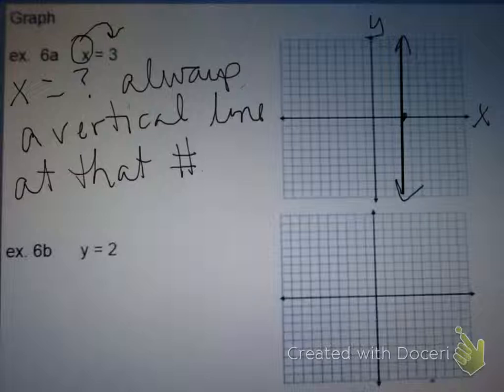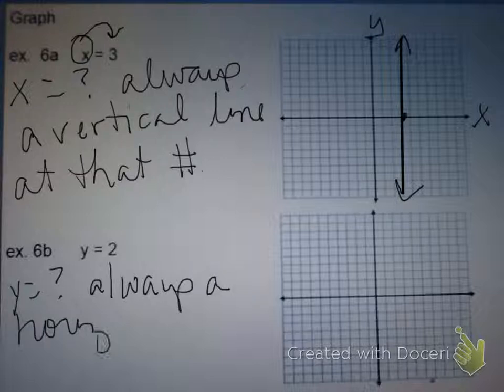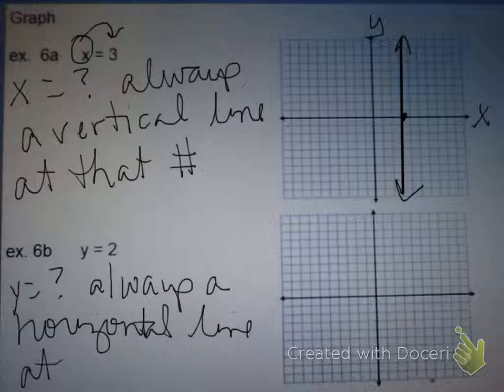y equals 2, anytime you have y equals any number, it is always a horizontal line at that number.